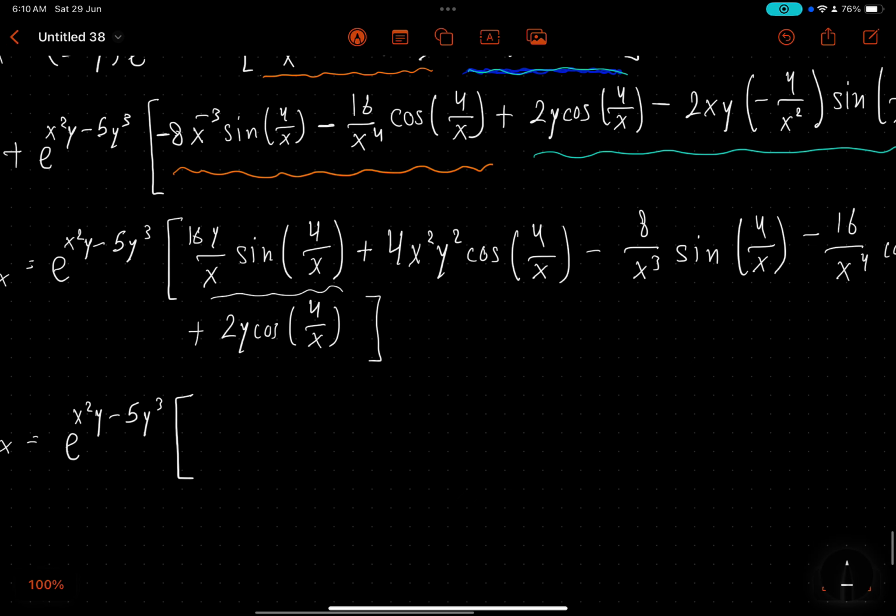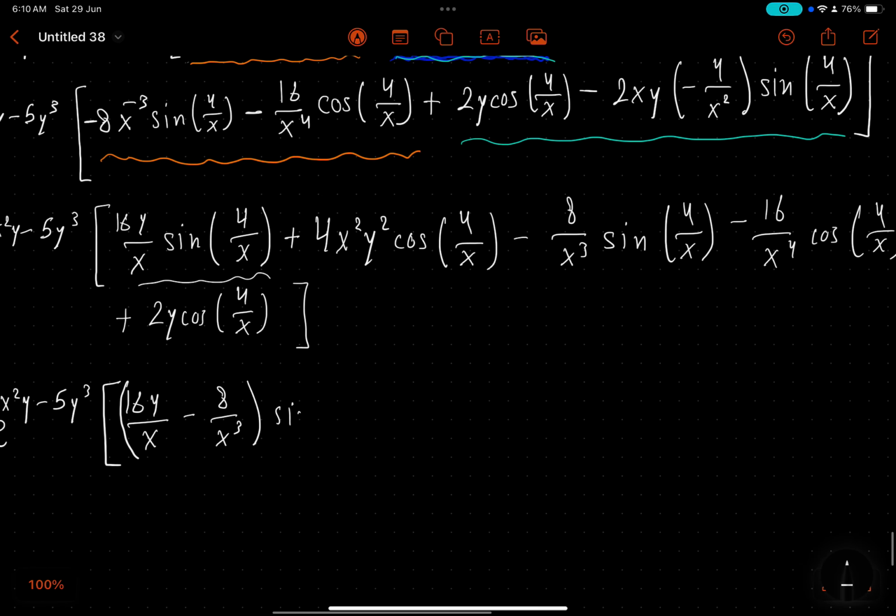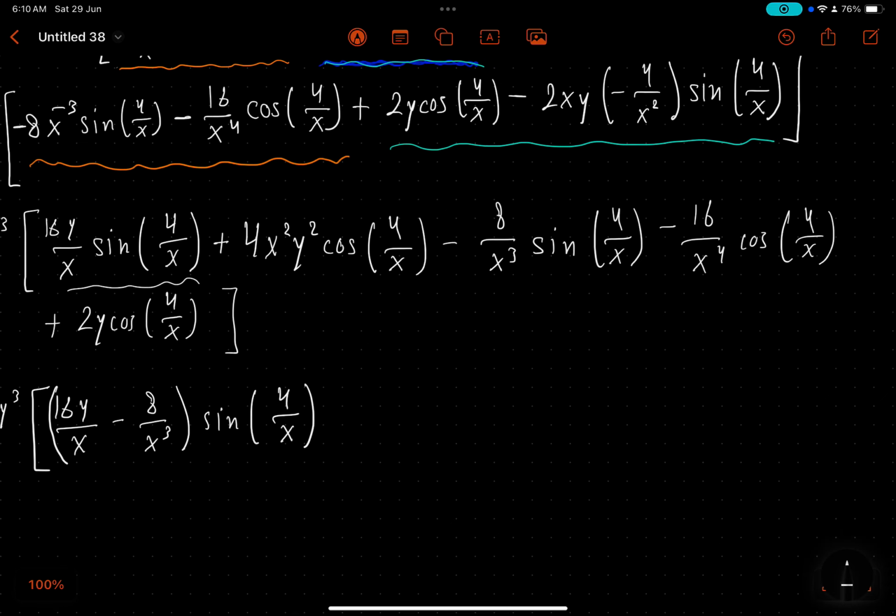So for the sines we get the bracket 16y over x minus 8 over x to the 3, times sine of 4 over x, and then we do plus the bracket 4x squared y squared minus 16 over x to the 4 plus 2y, multiplied by cosine of 4 over x.